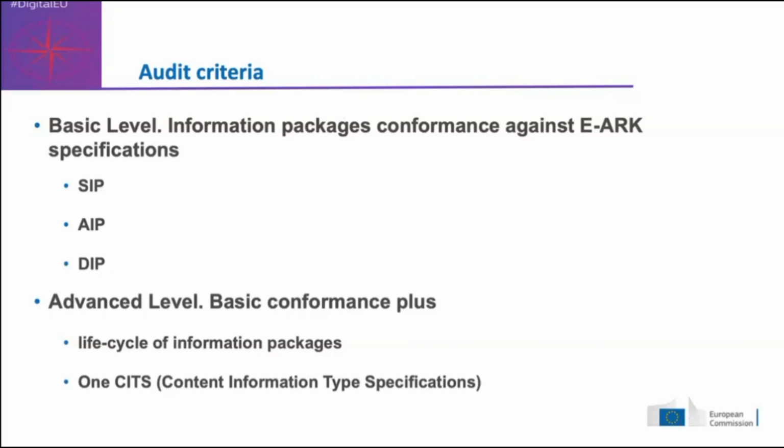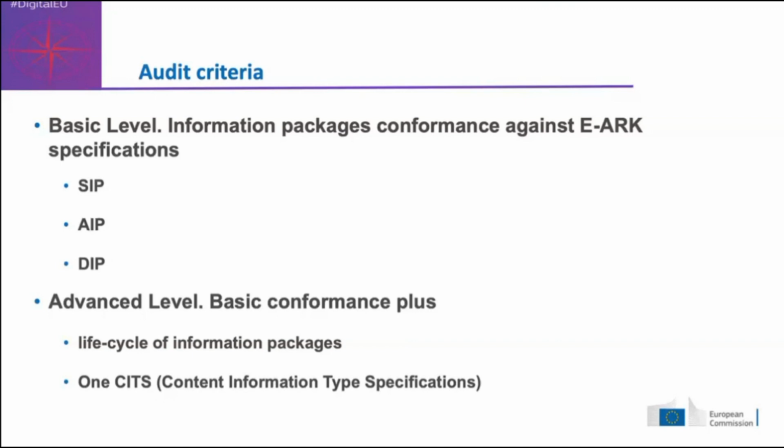There are also structural tests, because the eArchiving specification is based on a given folder structure. So we check, for example, if there are representations, if the metadata folder is present, and these kinds of first necessary conditions. And then on top of that, certain tests for the SIP, AIP, and DIP levels.